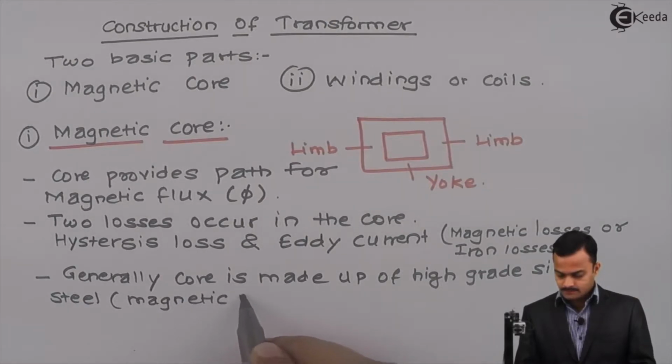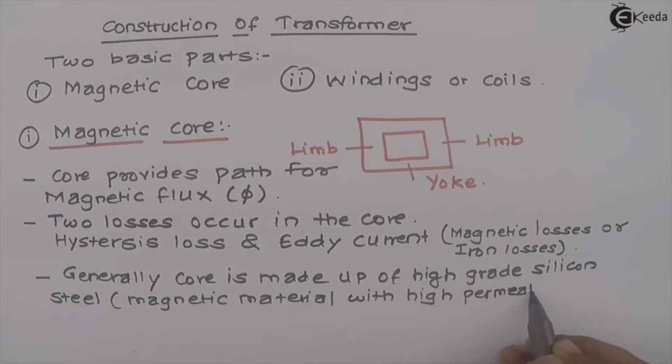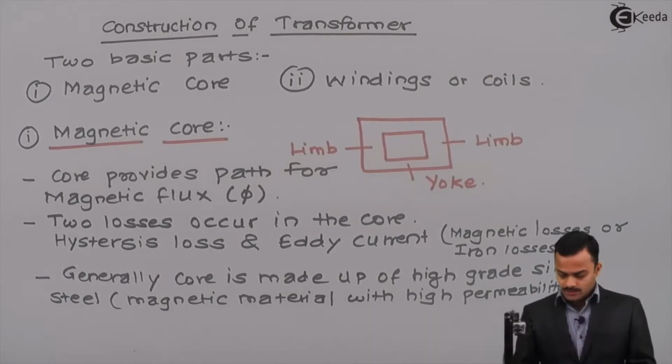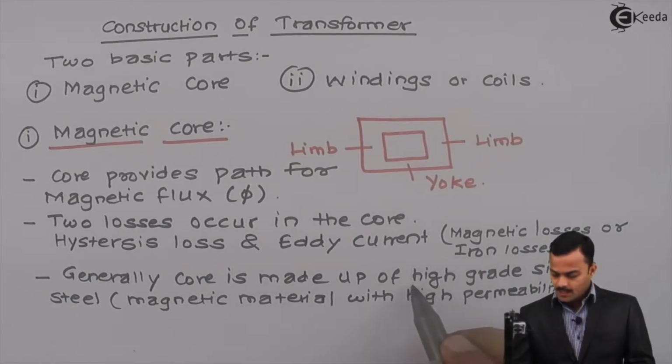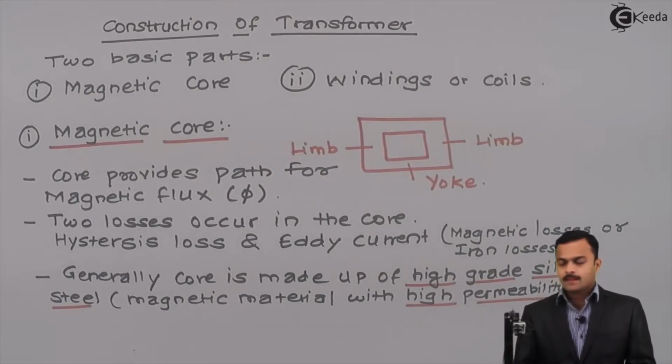Magnetic material with high permeability. This is what is provided by this high grade silicon steel. It's a high permeability material.